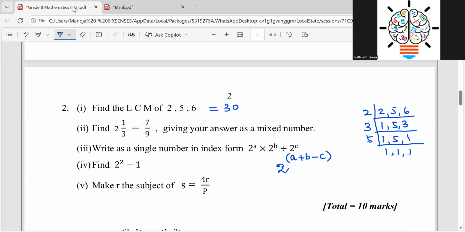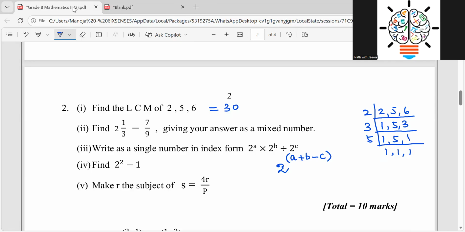They have asked us to write the answer as a single number in index form. Okay. So then the next one, 2 to the power A plus B minus C. That is done. Then we will move to the next one.